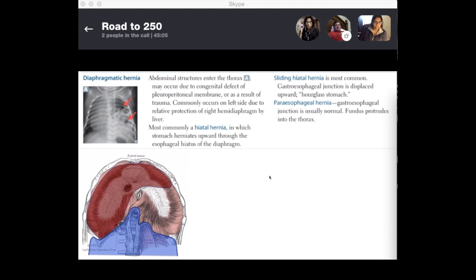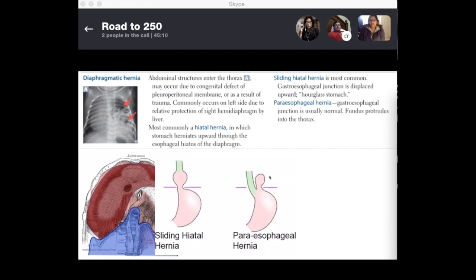So if you hit one more time, you can see the difference between these two. With the sliding, you see the whole junction going through, and with the paraesophageal, para being alongside, you have the fundus along the side of the esophagus without the GE junction protruding through.